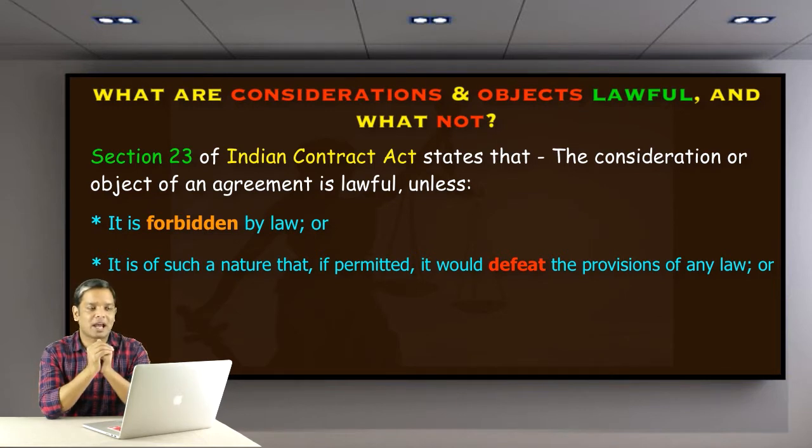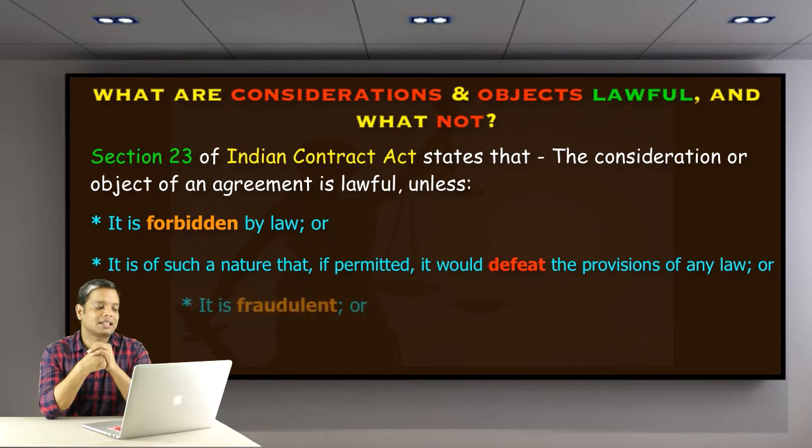Though the object or item that you want to trade is not unlawful directly, if certain provisions, even indirectly related to it, prohibit the trading of that item, then it is unlawful.